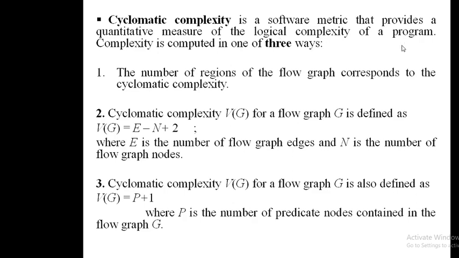That means you have a program, and based on that program we design a flow graph also. With the help of the flow graph we are going to do path testing. So how many paths are enough for us to test the total program?